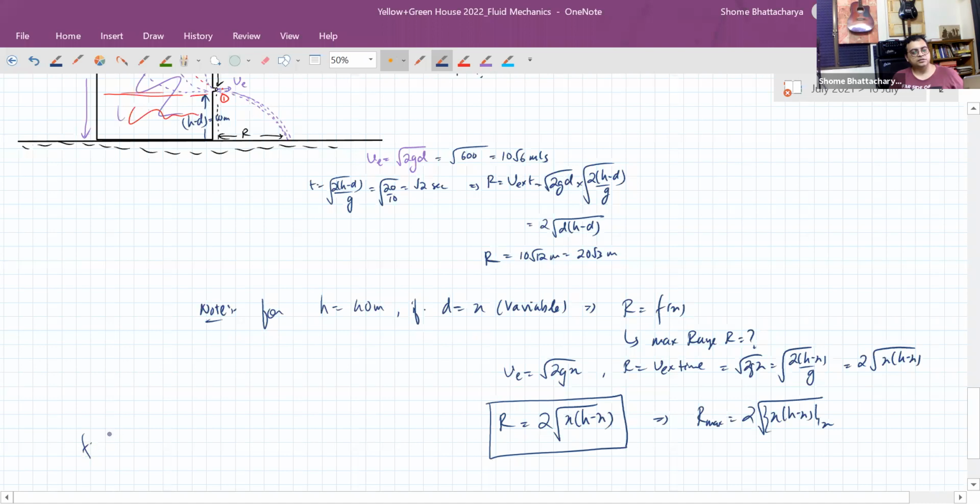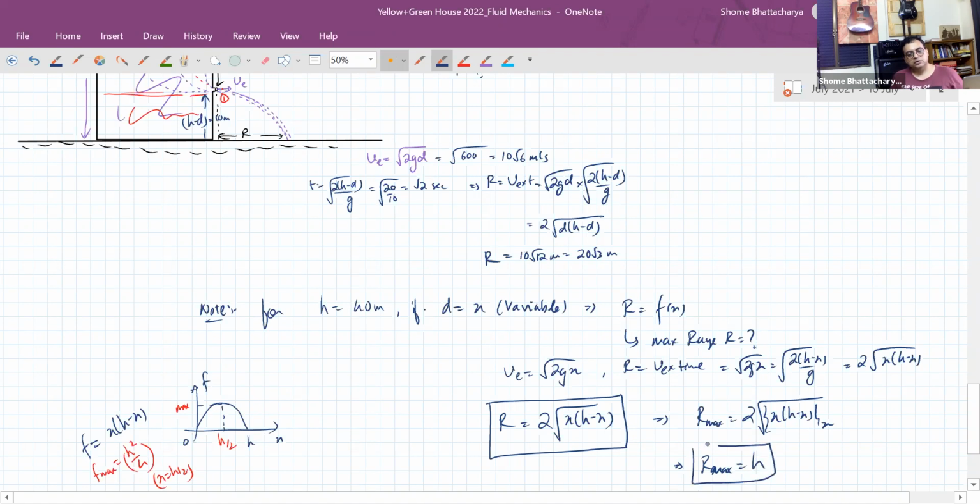Now this function, think of it like this. Okay. So this function has a maxima for x equal to h by 2. So the maximum range possible in this situation will be equal to h, and that will be when x is equal to h by 2.